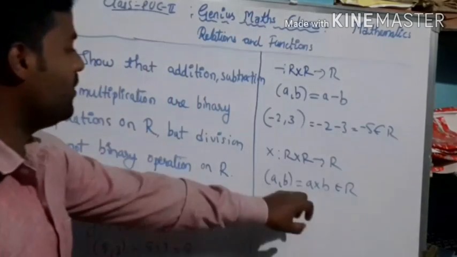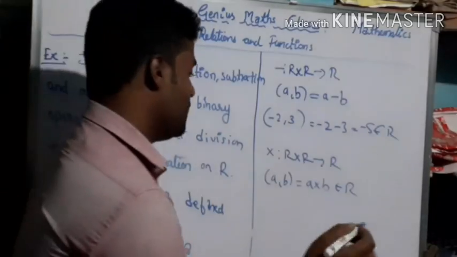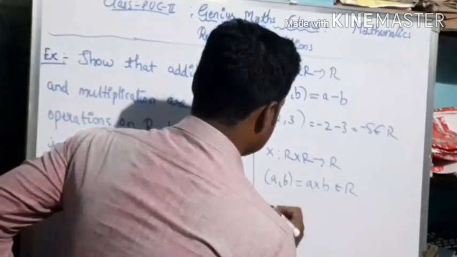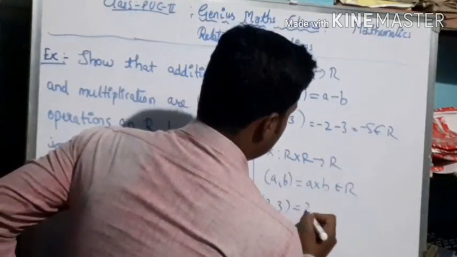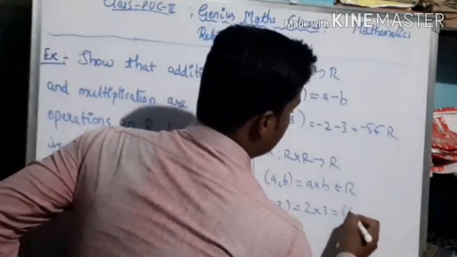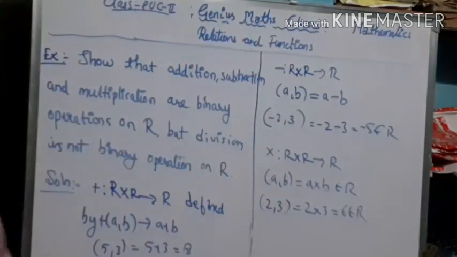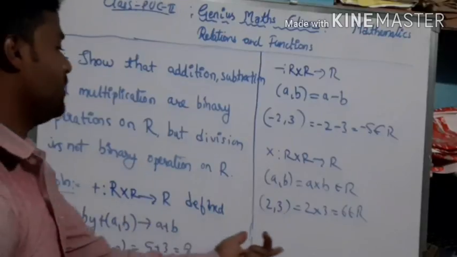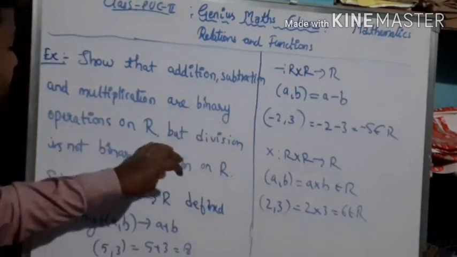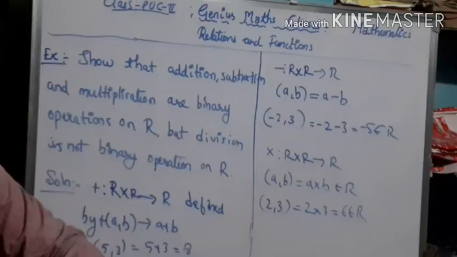So multiplication is also a binary operation. 2 into 3 is equal to 6, which belongs to the real numbers. Therefore, multiplication is also a binary operation.